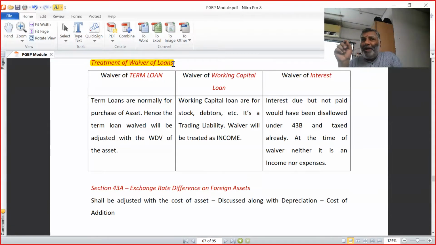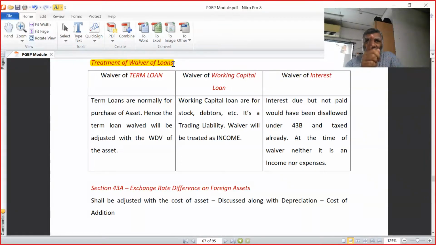Long-term loan will be for assets. In the SAIL case which I told you in the beginning, they imported machinery for 10 crores, 9 crores funded by State Bank. They repaid 8.5 crores, and the last 50 lakhs was waived by the bank. The court took the stand that this is like a subsidy.